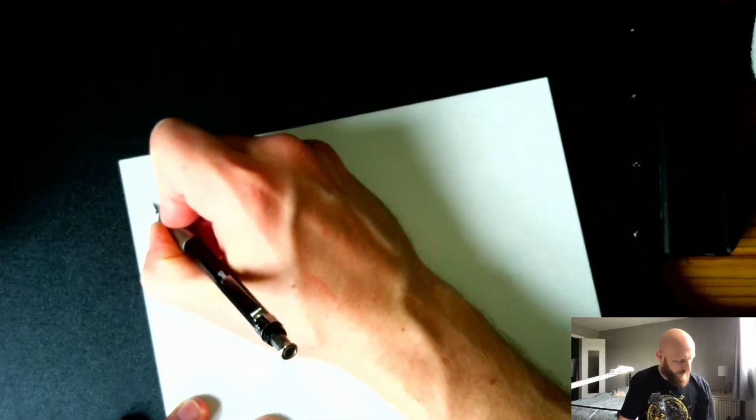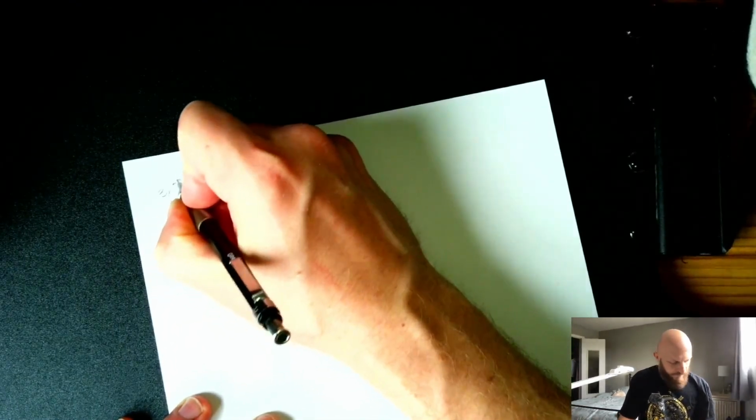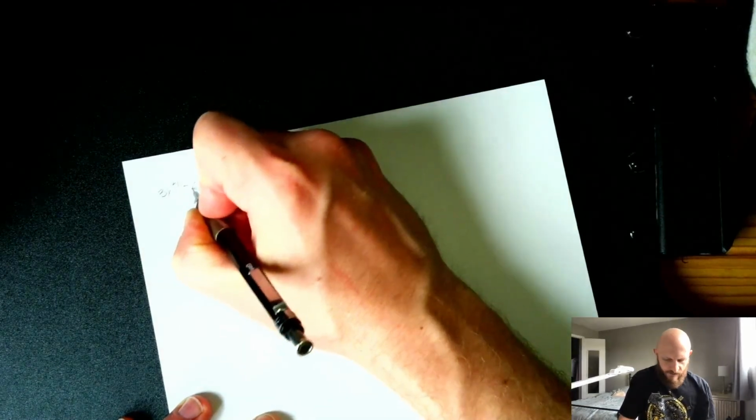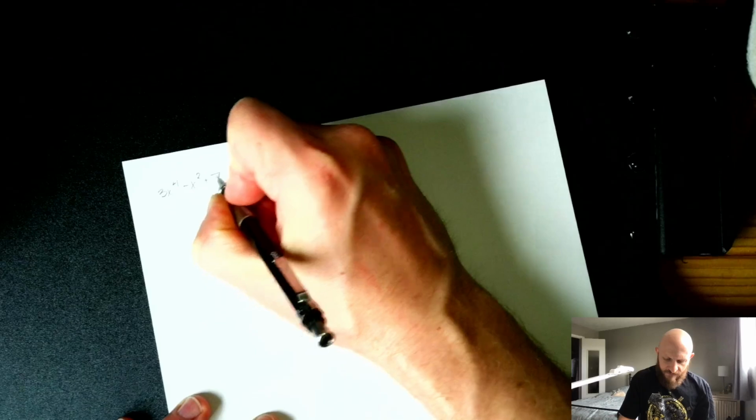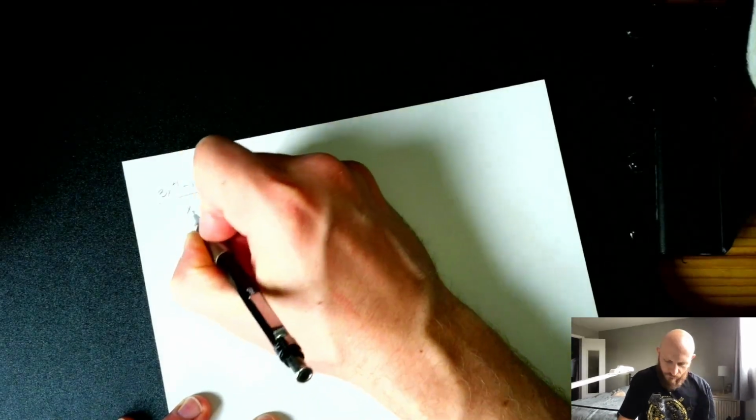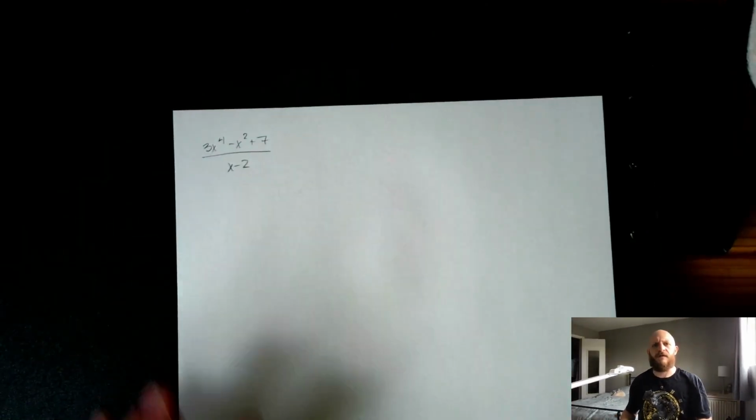I just want to check to see if I have a decent example. Yeah, let's do this one. We'll calculate out 3x to the fourth minus x squared plus 7 over x minus 2. Let's do that and see what that comes out to.